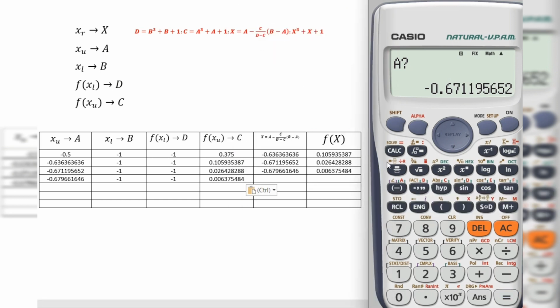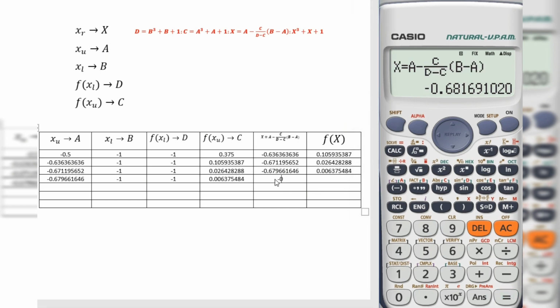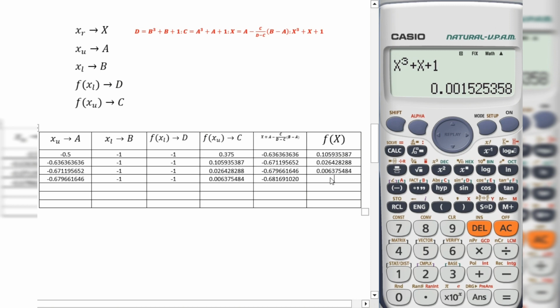Again A is equal to X, D is equal to minus 1, C is equal to this value, and X equals minus 0.681691. The function value is again positive, 0.001525358.